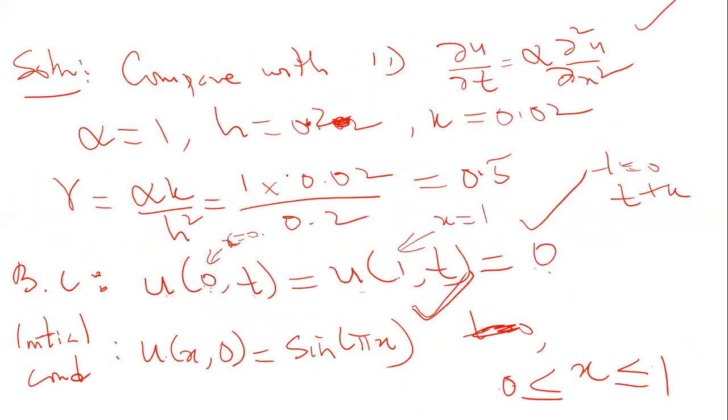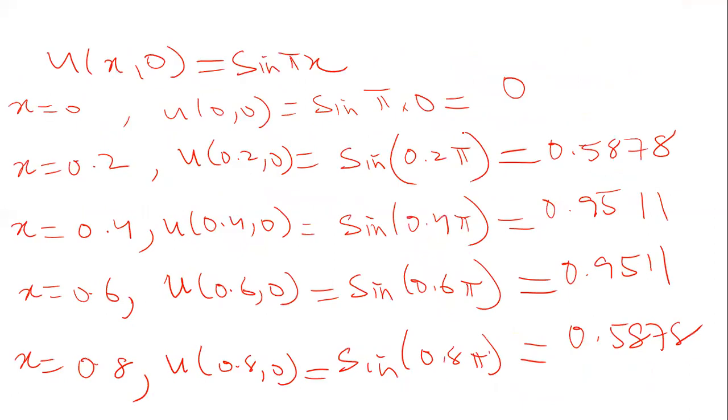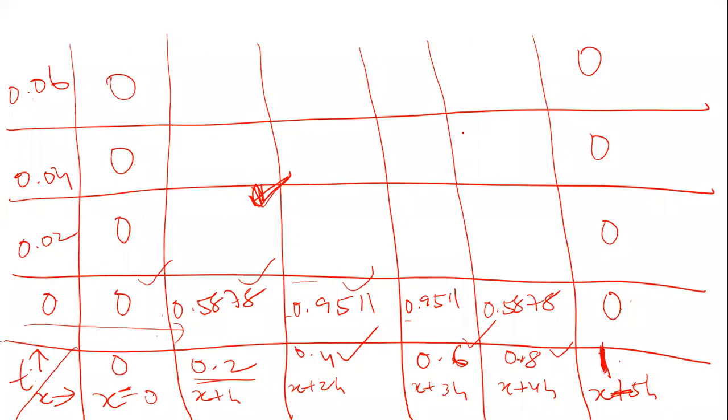And I have already seen here that my gamma here is 0.5. Now, if you take this as, let's say, uij, this as ui plus 1j, this will be ui minus 1j, this will be your uij plus 1. All right, for uij plus 1, we are going to use Bender-Smith's formula.